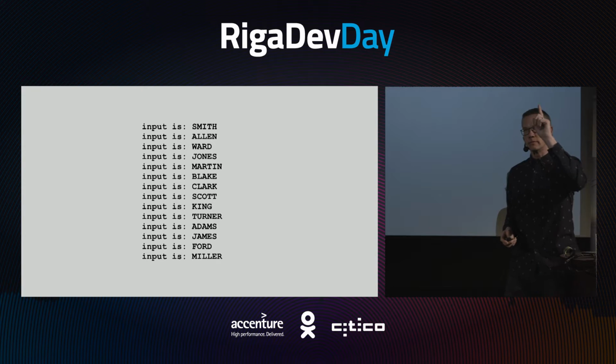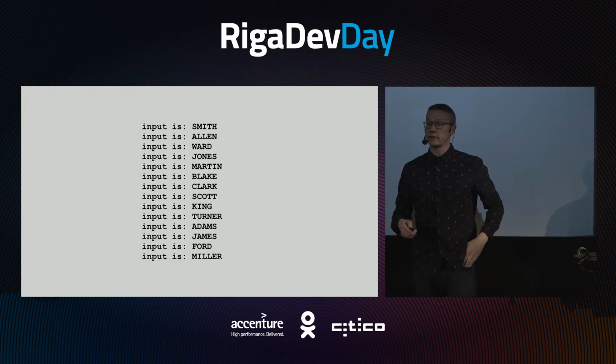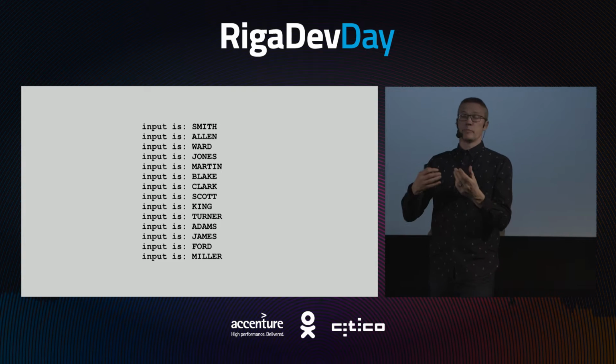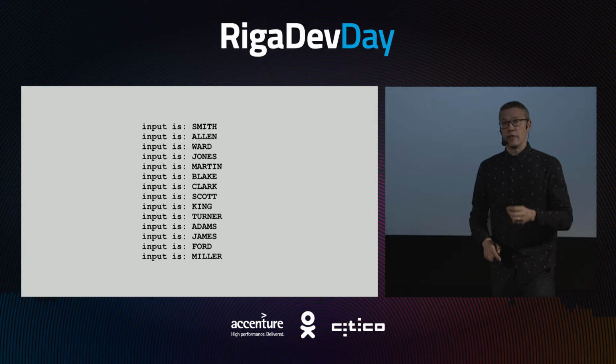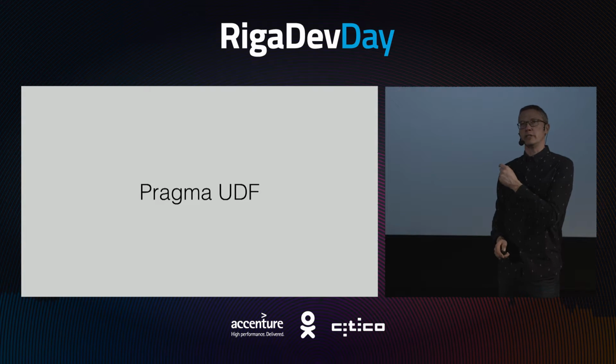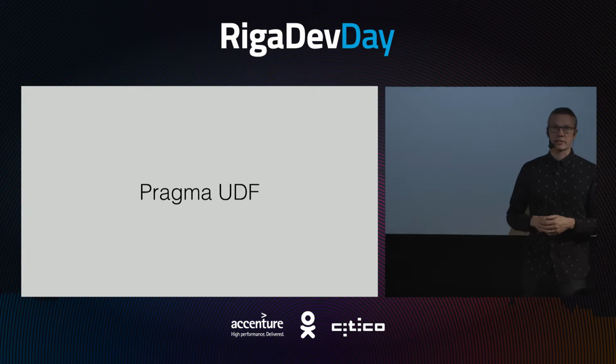Now, the answer to the it-depends question. What if you have a regular package function or procedure and you want to call that from SQL? The best way to do that is to use the pragma UDF. It's a new pragma for user-defined functions.